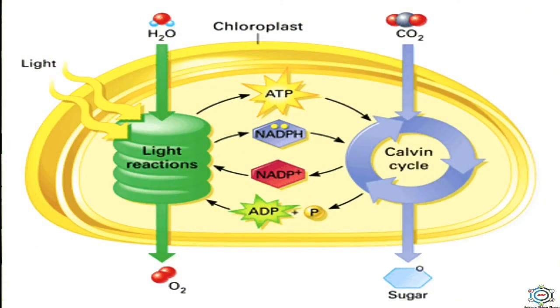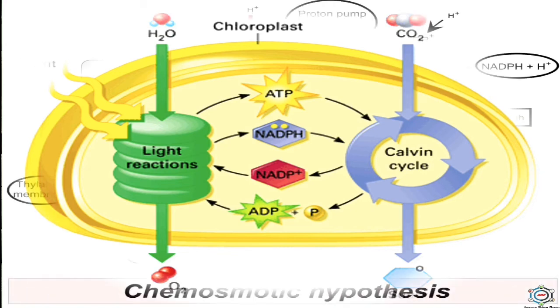Now, here you can see the assimilatory power. The light reaction generates assimilatory power in the form of ATP and NADPH, which is used in the synthesis of carbohydrates in the dark reaction.